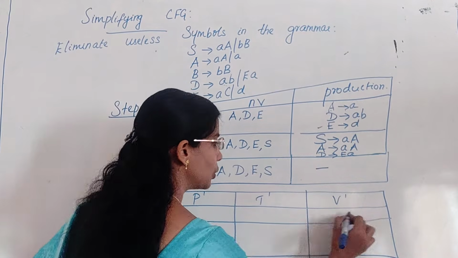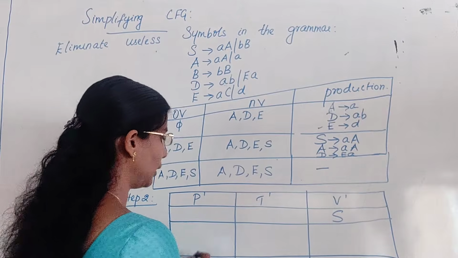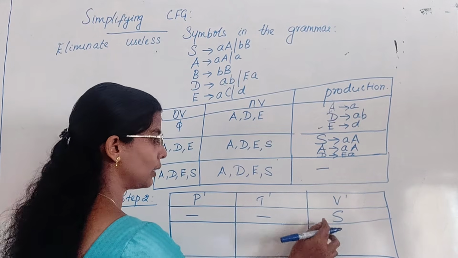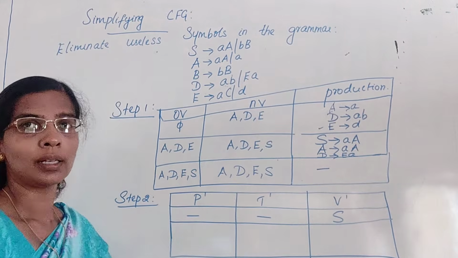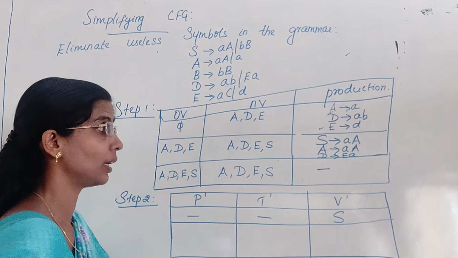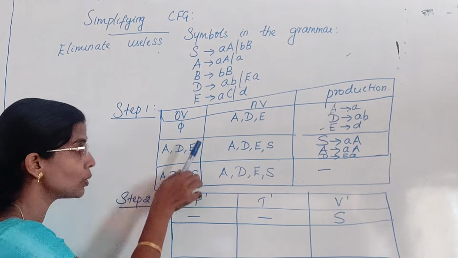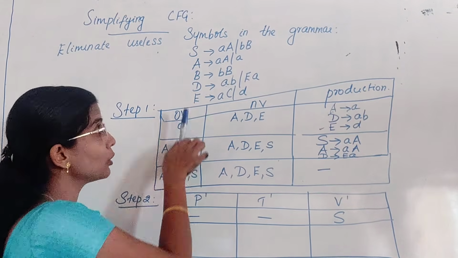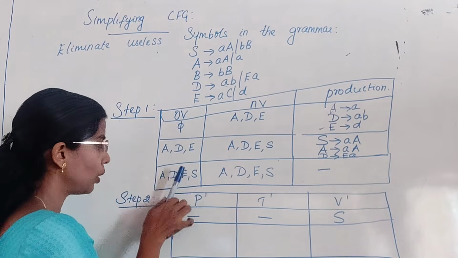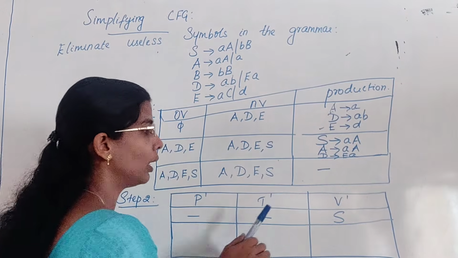Right, I should start with my start symbol. Initially production is null, terminal is null. While doing step 2, you have to see only step 1. You should not see these productions. You have to see this step 1.